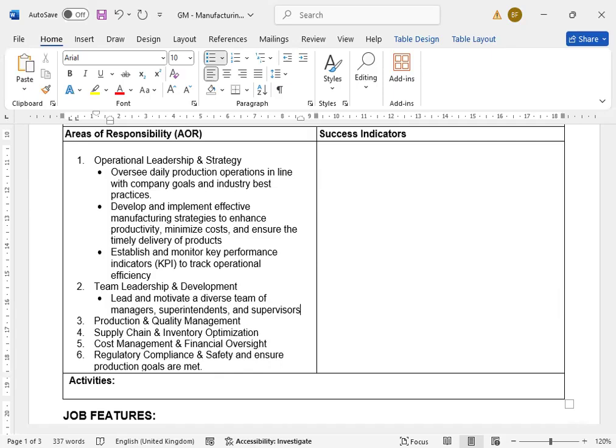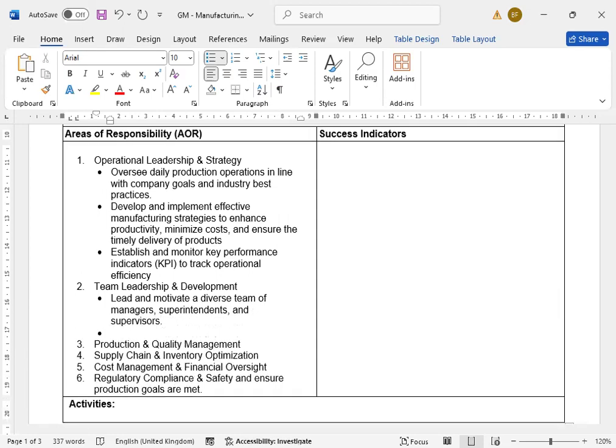Whichever they recruit, they're going to use this job description intended for this role.